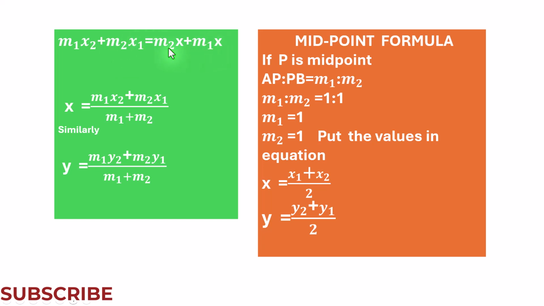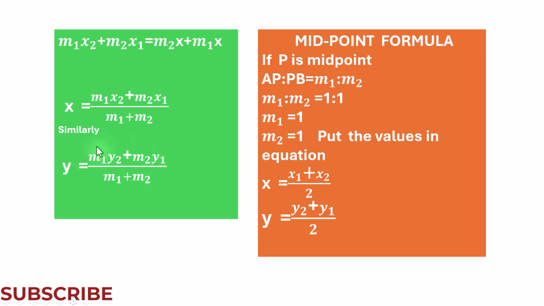On the left hand side, m1 x2 plus m2 x1. On the right hand side, x is common, so x times (m1 plus m2). Dividing by m1 plus m2, x is equal to (m1 x2 plus m2 x1) upon (m1 plus m2). Similarly, we can prove y is equal to (m1 y2 plus m2 y1) upon (m1 plus m2).